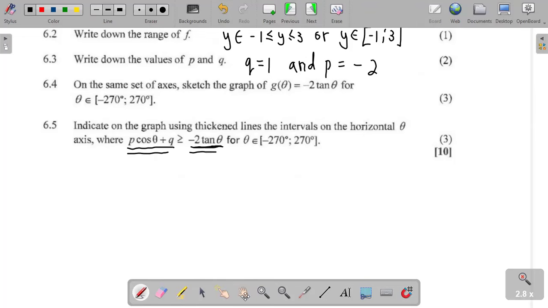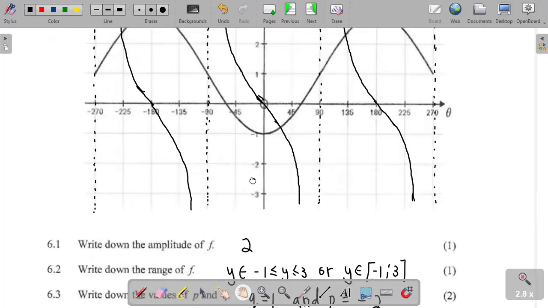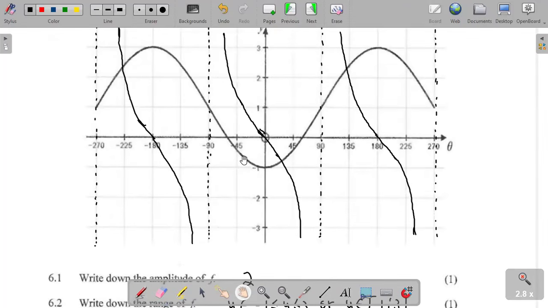So we have to go to the graph. And they say we must use a thickened line. Let's see if we can use this line. Yes, let's use this line. Okay, so it will go from, let's see, where it is on top.